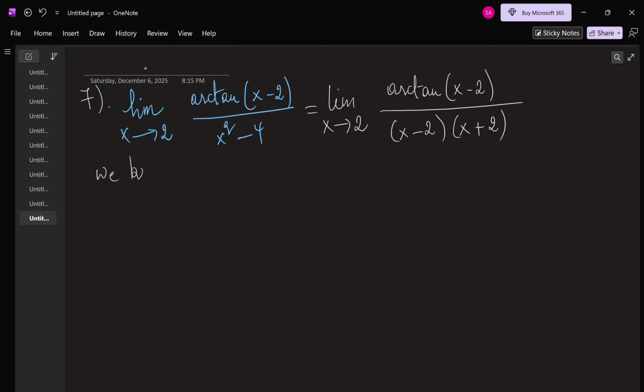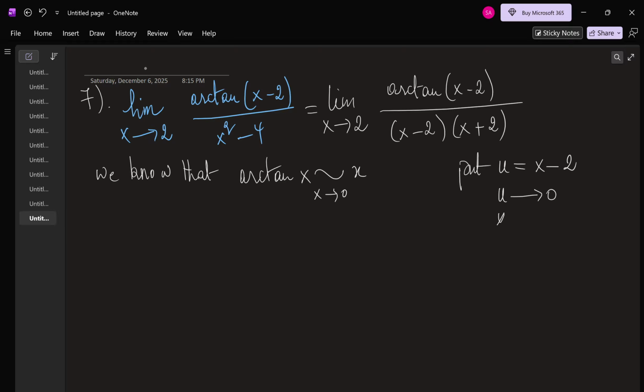We know that arc tangent x is approaching x when x goes to 0. So we will put u equal to x minus 2.